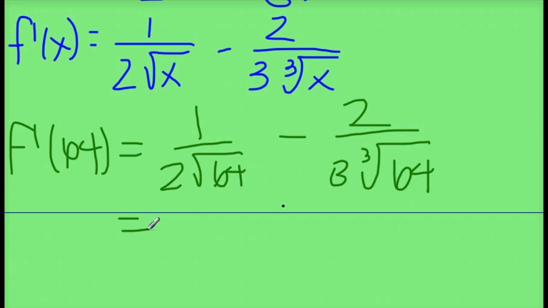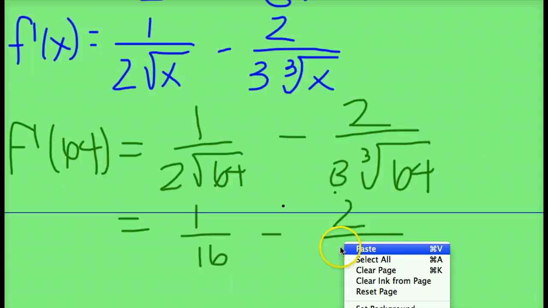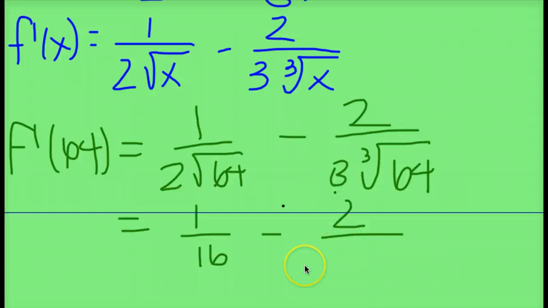So I'm going to have 1 over 2 times 8 is 16, minus 2 over 3 times the cube root of 64. Well, the cube root of 64 is 4. 4 times 4 times 4 is equal to 64. So 4 times 3, because of this 3 right here, gives me a 12.